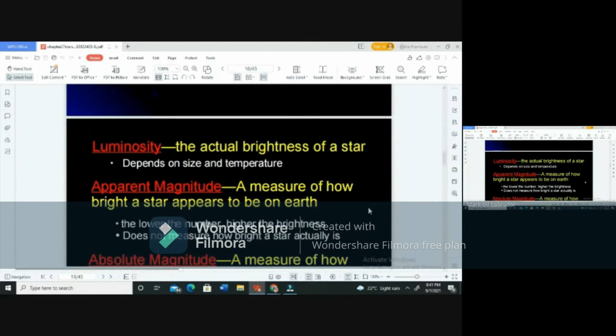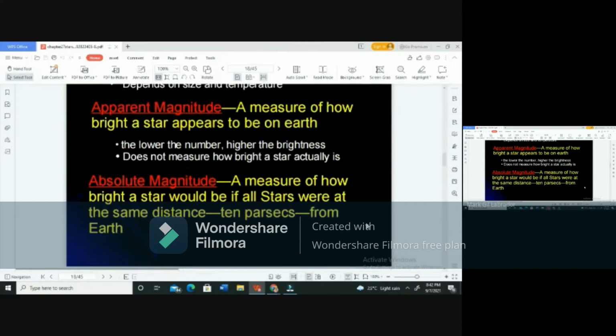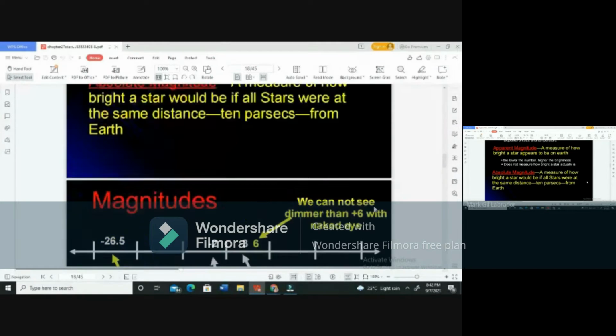Apparent magnitude naman is a measure of how bright a star appears to be on Earth, meaning the lower the number, the higher the brightness. So it does not measure how bright a star actually is. And absolute magnitude is a measure of how bright a star would be if all stars were at the same distance, 10 parsecs from the Earth.